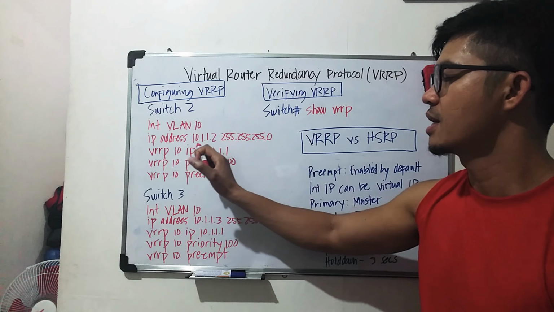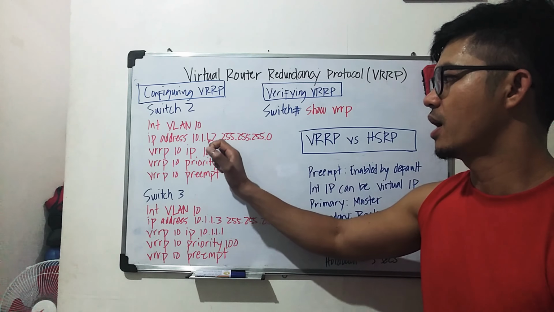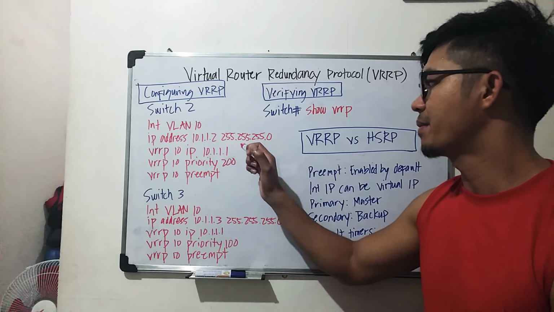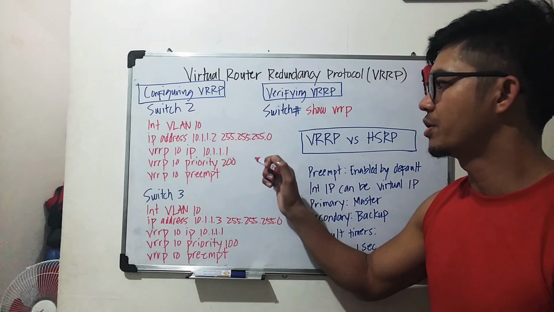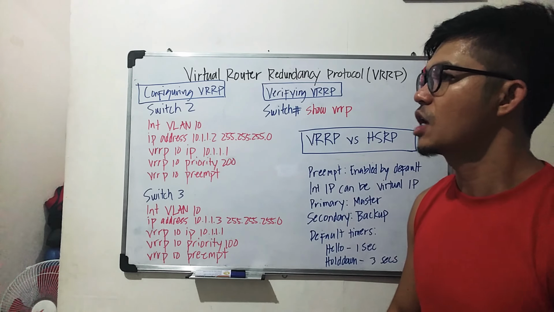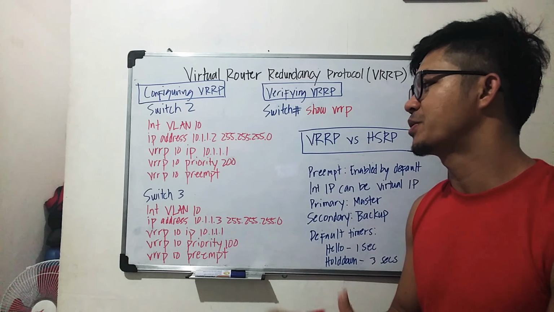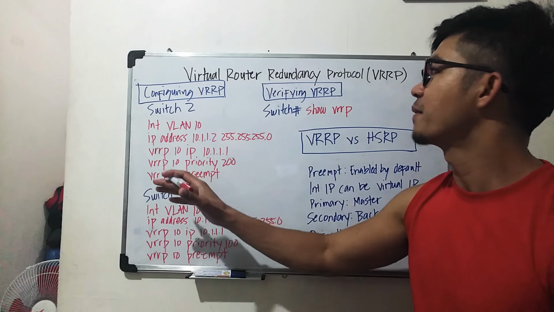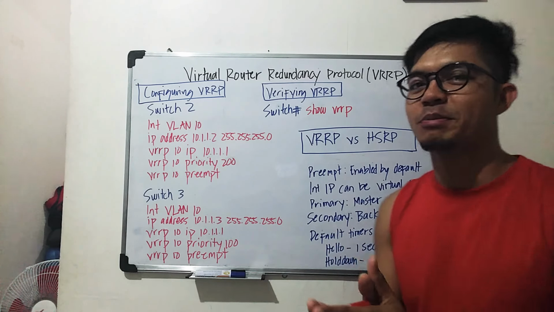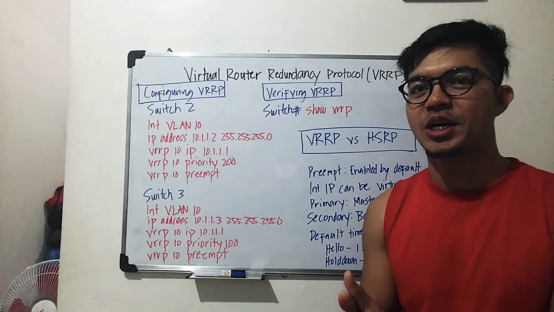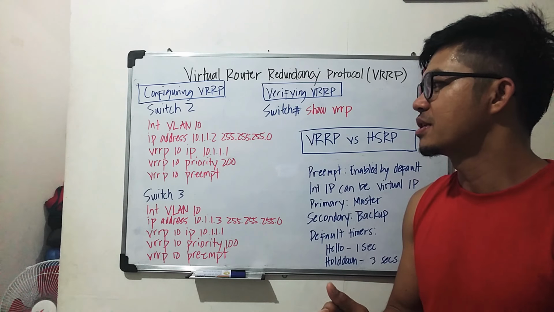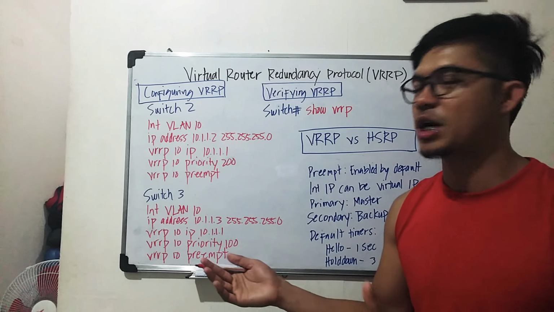In this case, I'm using 10.1.1.2 255.255.255.0, or /24. Next, unlike HSRP, where you have to type standby, VRRP is much easier because you just have to remember VRRP, and the command that you use to enable it is VRRP also.